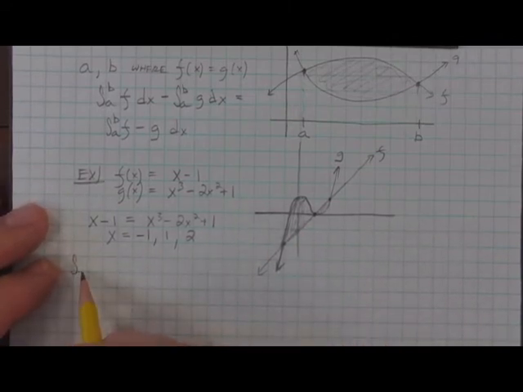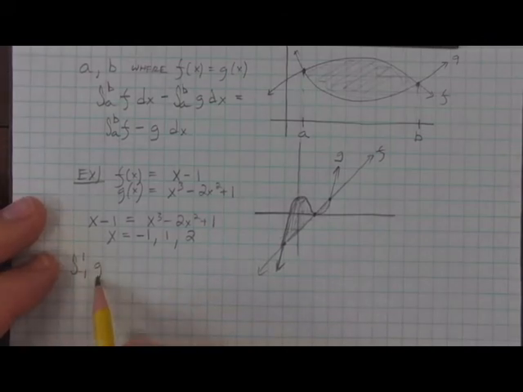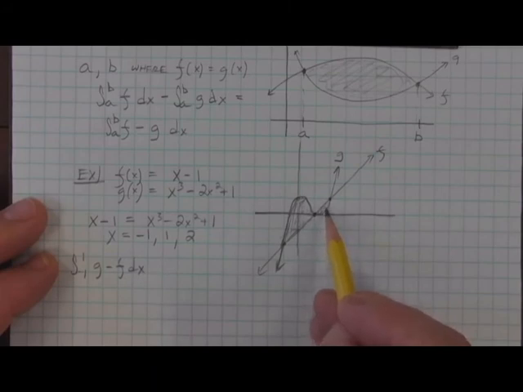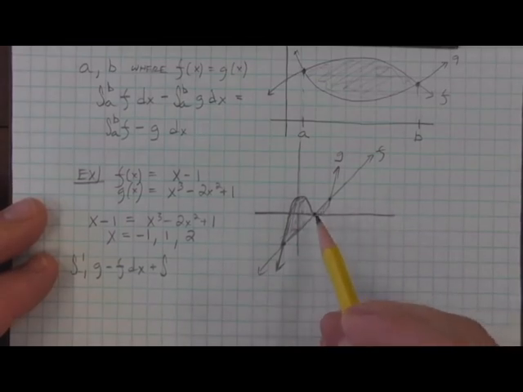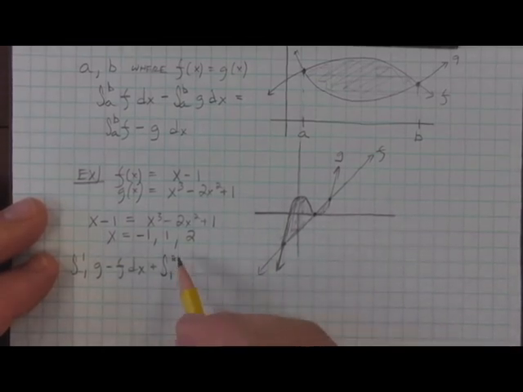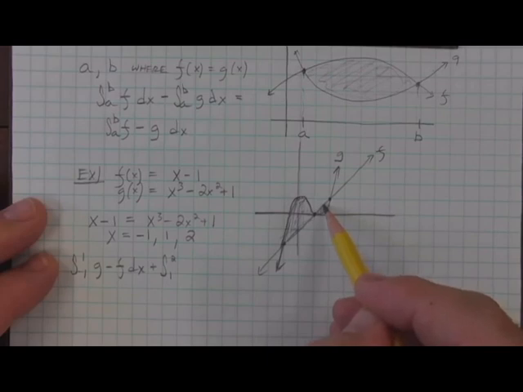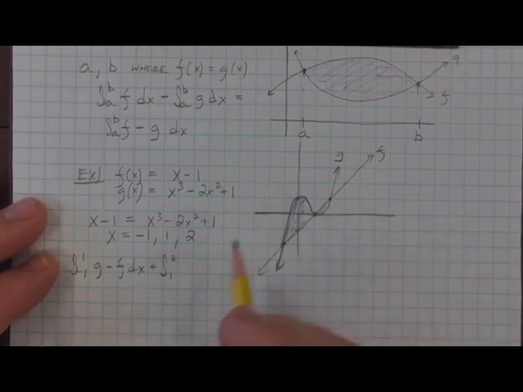The integral from -1 to 1 of the g function minus the f function, top minus bottom, with respect to x. And then we're going to add this region here, which requires its own integral from 1 to 2 of the top function, in this case f, minus the bottom function g.